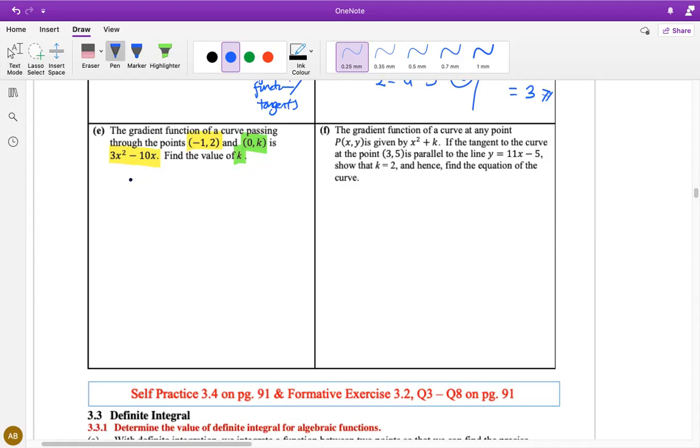So the gradient function dy/dx, let's use black, is 3x squared minus 10x. So integrate both sides.